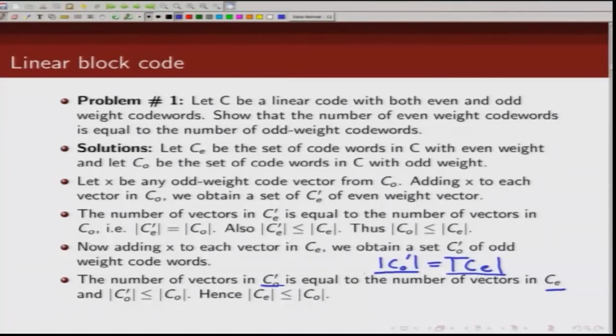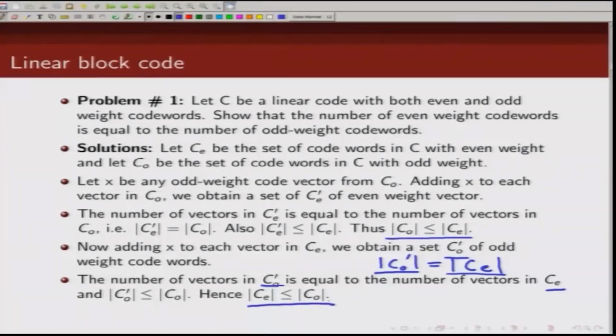Now we know that C O prime is a subset of the set of odd code words. So from this relation and this relation, we can write that the number of even code words is less than or equal to the number of odd code words. Let us call these relations 1 and 2.